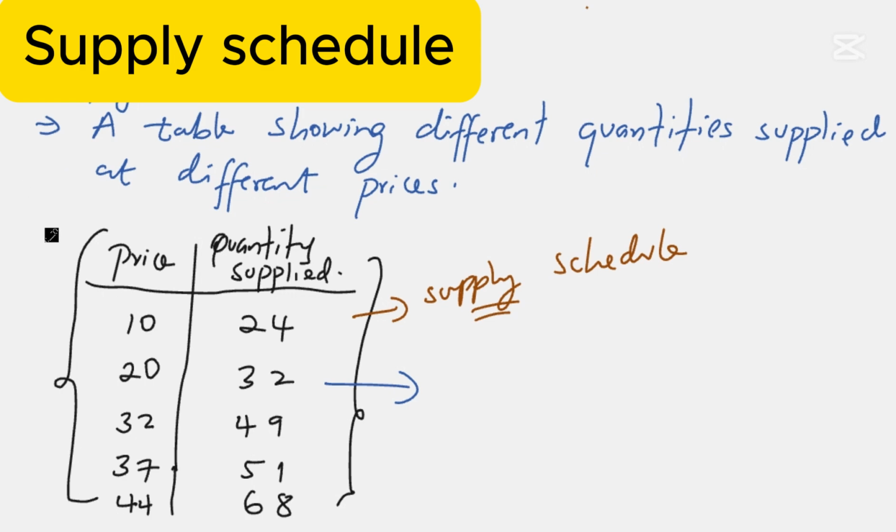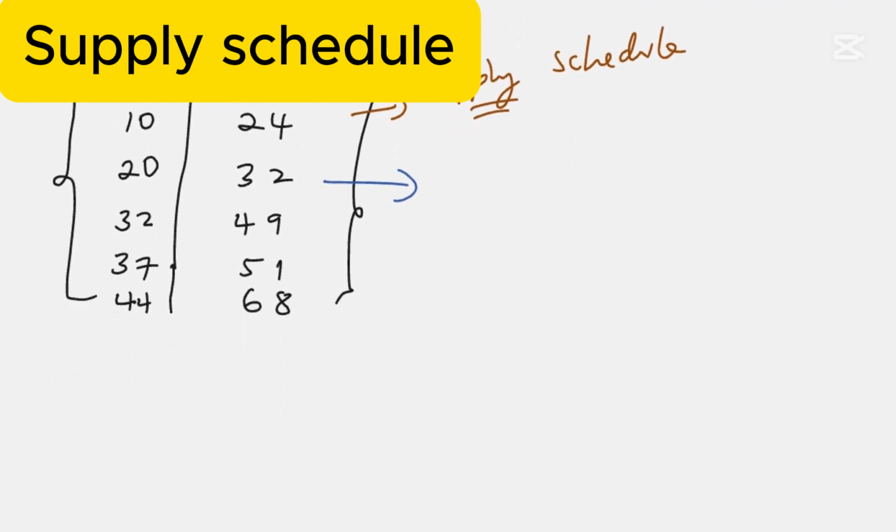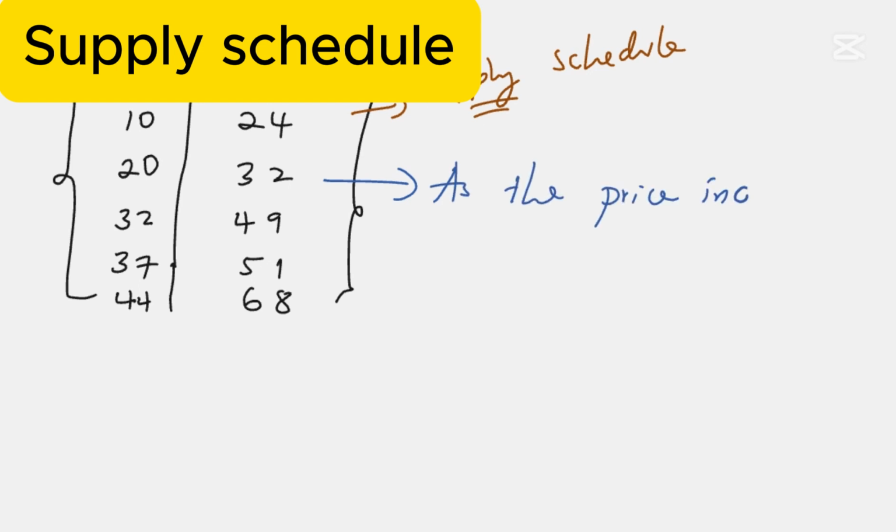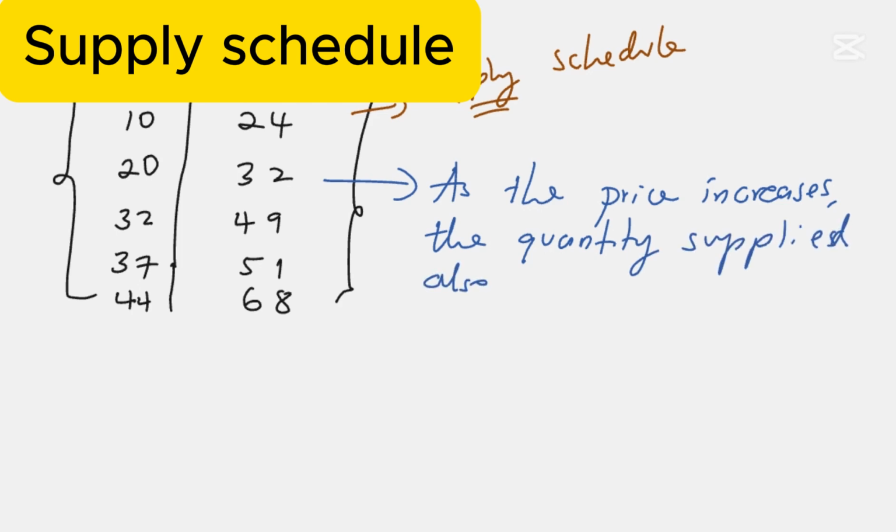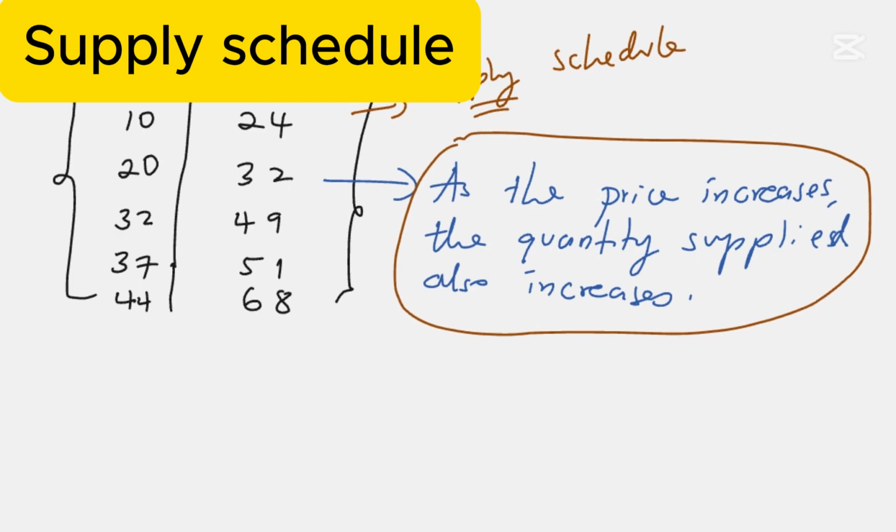What can we observe? A general observation we can make from this table is that as the price of this commodity or product increases, the quantity or number of units supplied is also increasing. So as the price increases, the quantity supplied also increases. What can we conclude from here? This gives us the law of supply.